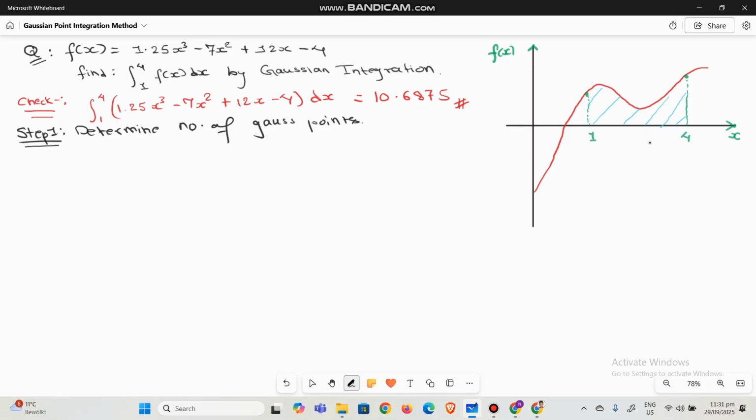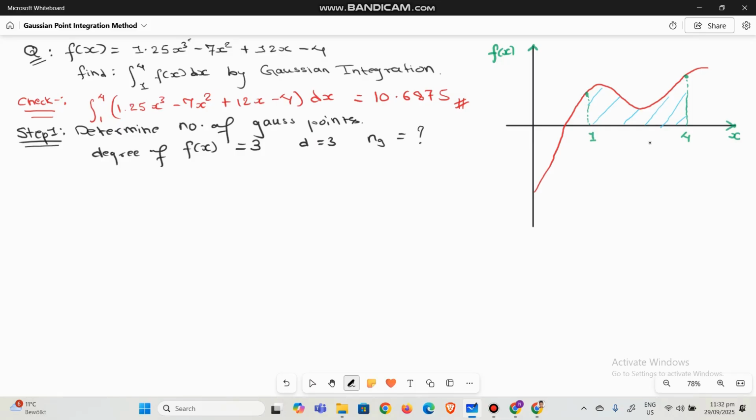So what is the degree of the polynomial? The degree of function f(x). The degree of the function is the highest power of the variable, right? So the highest power of the variable is 3. So its degree is 3.